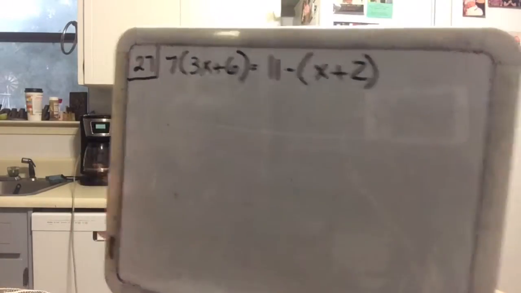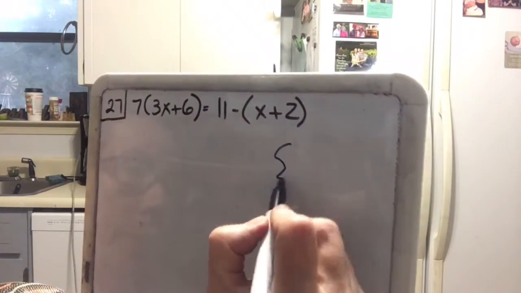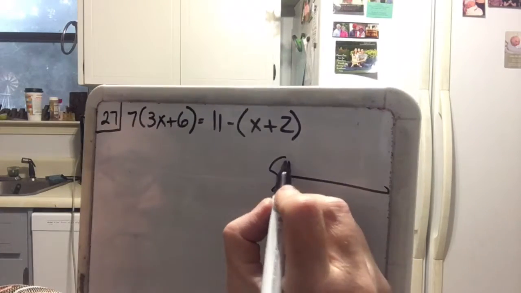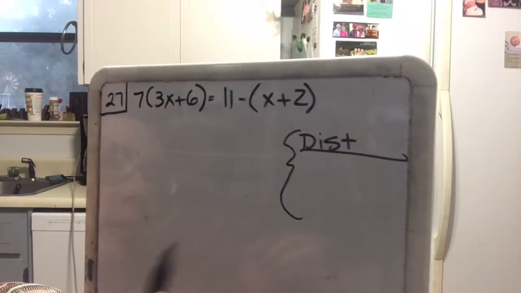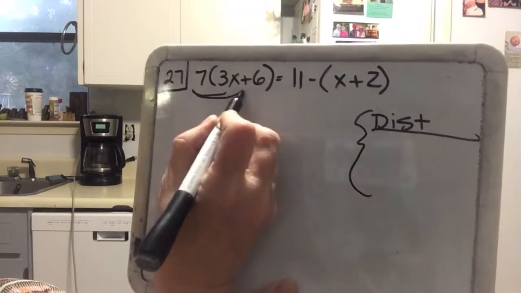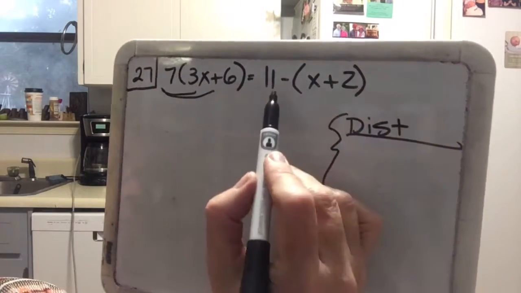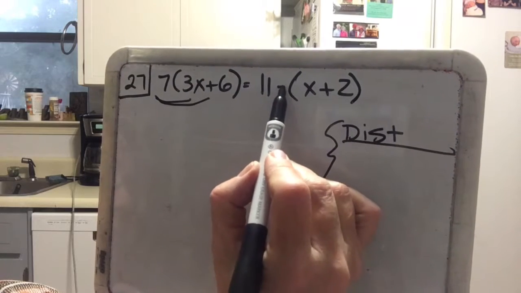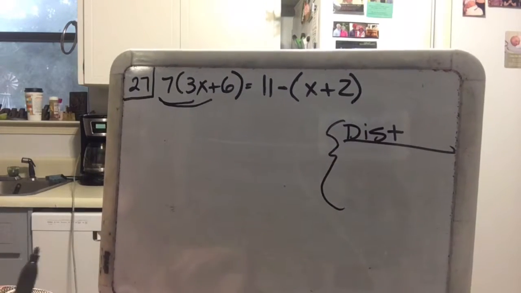So we're going to come over here to 27. Now on this one, remember up in the little simplify, we had to distribute. So this is one where we're going to have to distribute and multiply it through. Now notice I have a parenthesis, and the only thing in front of it is a negative.